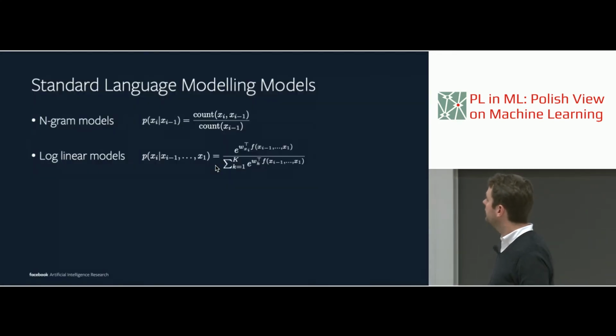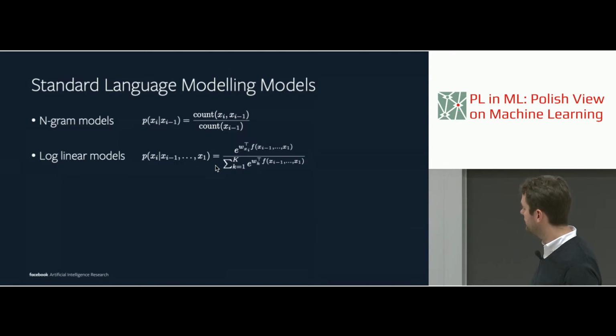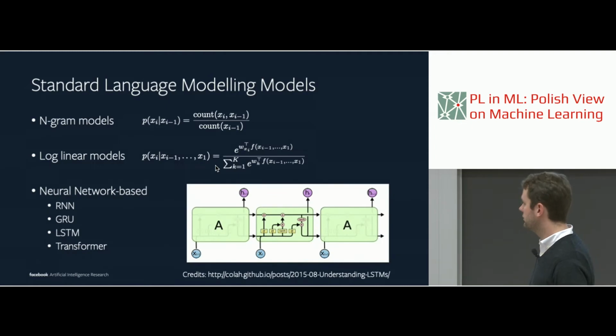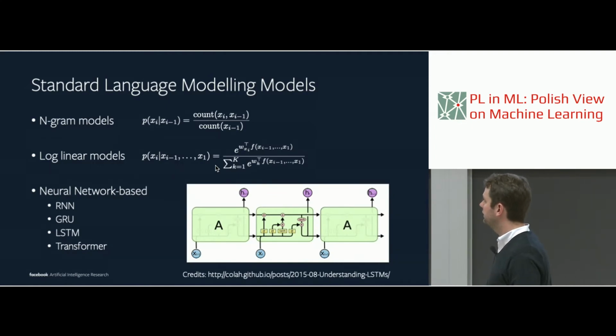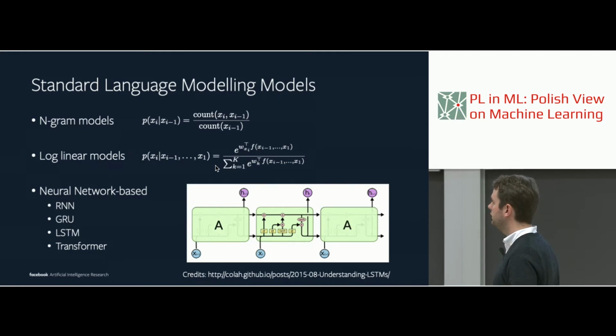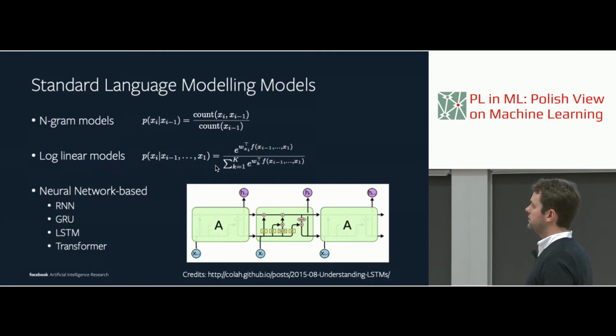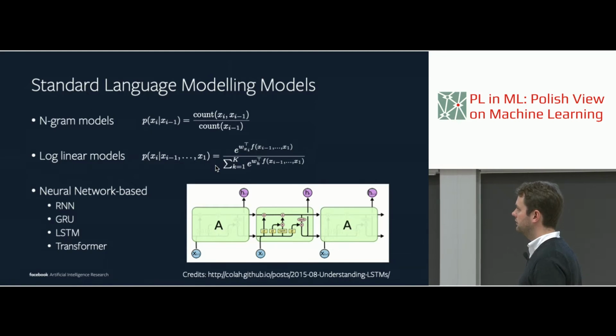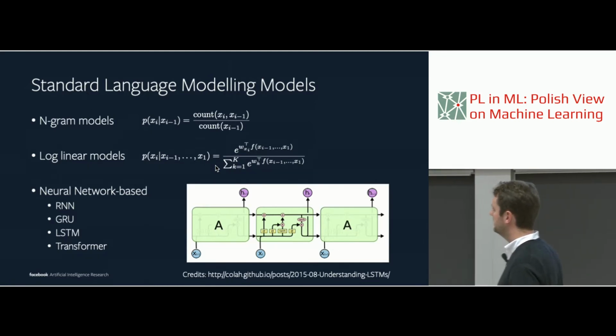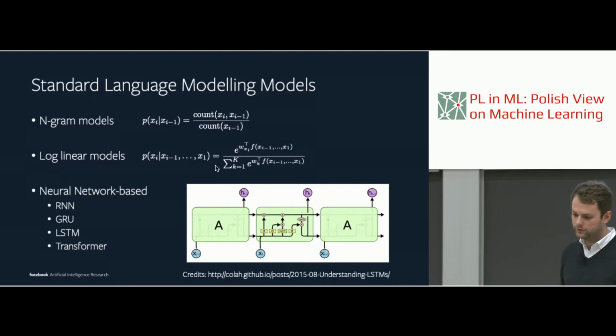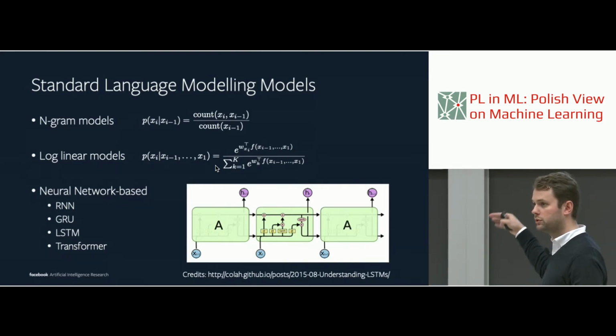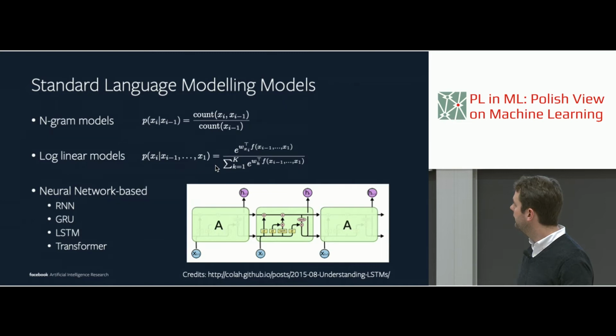So you compute a bag of words up to time t minus 1, and then compute the probability as a softmax of a linear function of these features. And of course, nowadays, you get all the huge literature about neural network-based language modeling with architectures such as the recurrent neural network, gated recurrent units, LSTMs, and more recently, transformers, which allow you to compute a more complicated function of the past.